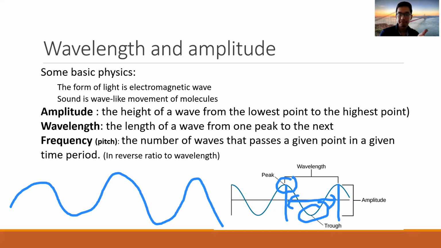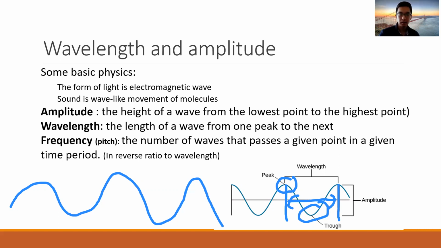So the color of light is decided by the frequency of the light. How bright the light is, is decided by the amplitude of the light wave.